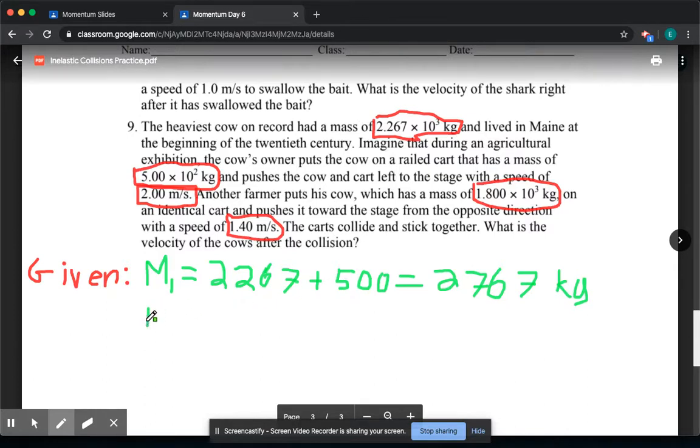And then the second cow weighs 1,800, plus it says the second cow is inside an identical cart, which means we're adding 500 again.